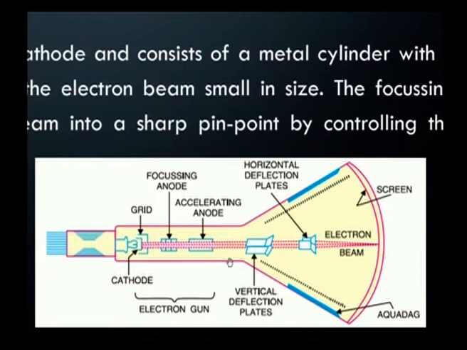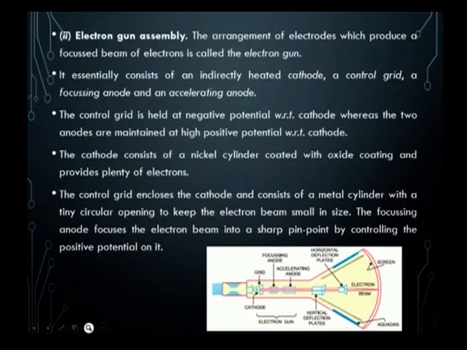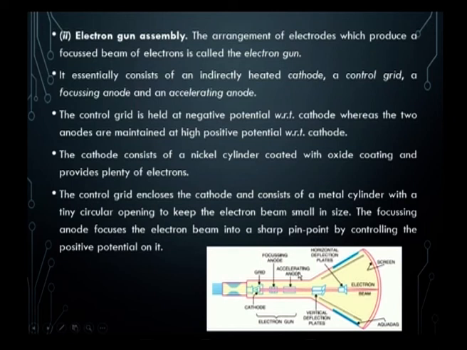All four together are called an electron gun. The cathode is preheated and is always held at a negative potential, whereas the accelerating anode and focusing anode are always kept at a positive potential with respect to the cathode.